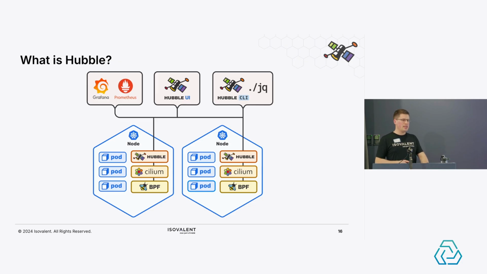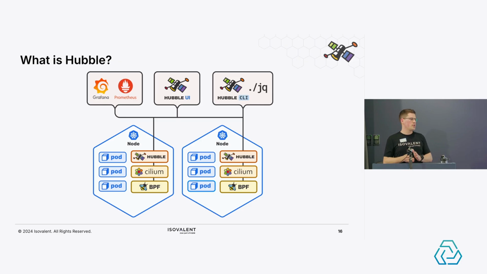It can provide those details as metrics, so you can export them to OpenTelemetry, to Prometheus, whatever you're using there. It doesn't matter. Or you could use Hubble internal tooling, for example, the Hubble UI, to visualize your network connections and your services within the cluster.